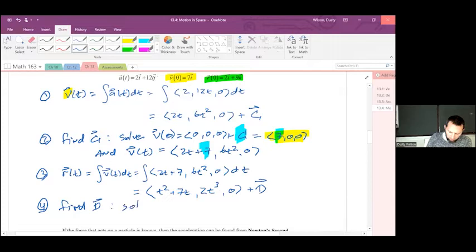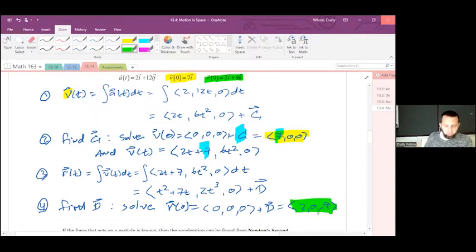And so we need to solve r of 0, which based on the thing we just found would be equal to 0, 0, 0 again, plus d, but must also be equal to 2, 0, 9 from the green vector above. So this tells us that our d vector must be 2, 0, 9.